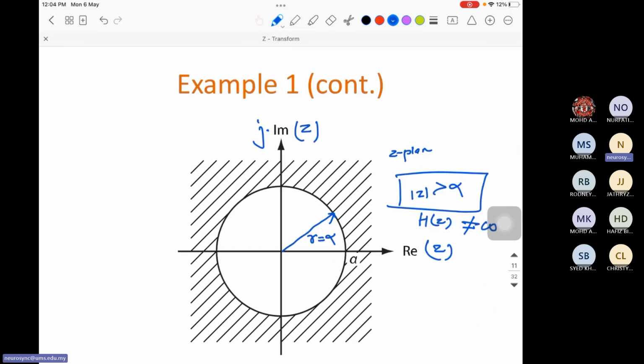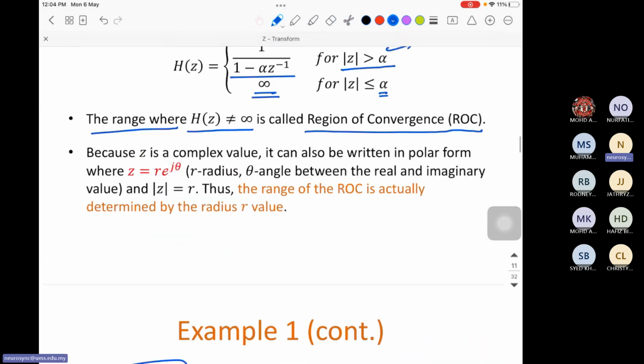Therefore, the region is outside this circle, so represent that region with lines like this. This is our region of convergence for alpha to the power n u of n. You also need to draw this ROC for the particular sequence. Outside this circle H of z will exist.